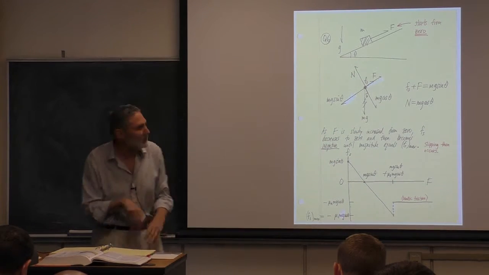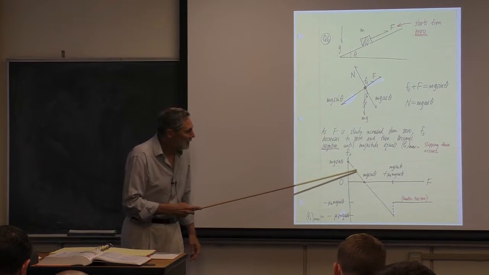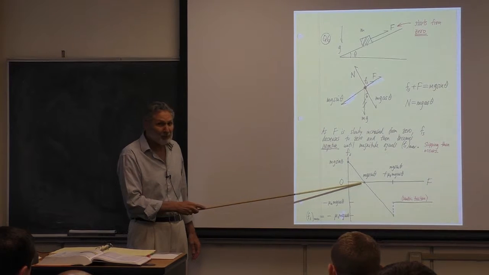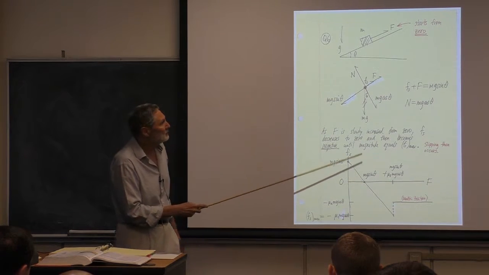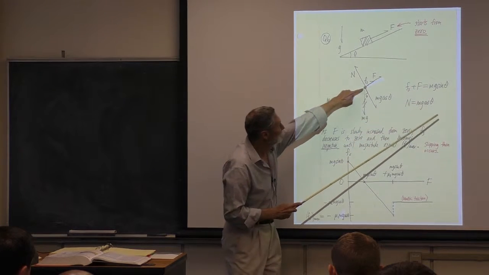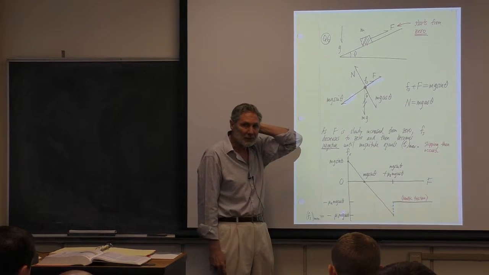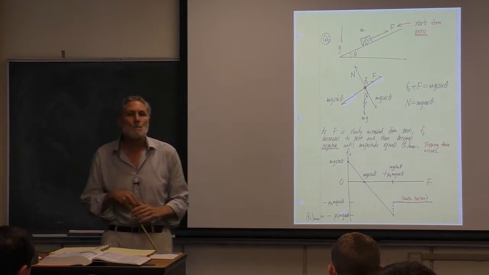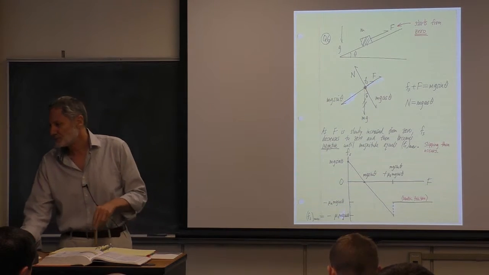But there has to be a point where this crosses here. If I've got a line here that's positive here and negative here, there's got to be a point where it's zero. And at that point, the applied force is balancing this component of the weight. Okay, any other questions?